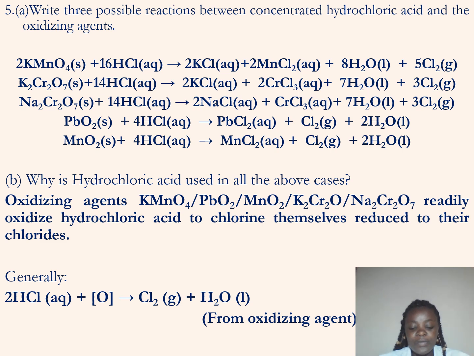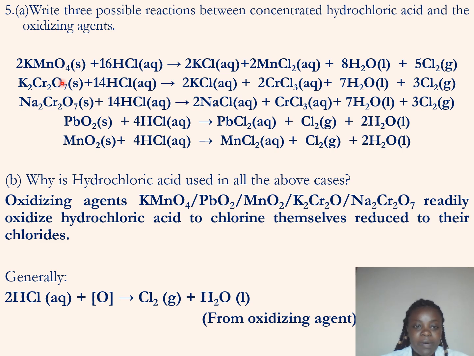Okay, next question. We are told to write three possible reactions between concentrated hydrochloric acid and the oxidizing agent. So this is just a matter of writing the reaction between the four oxidizing agents that we have named.